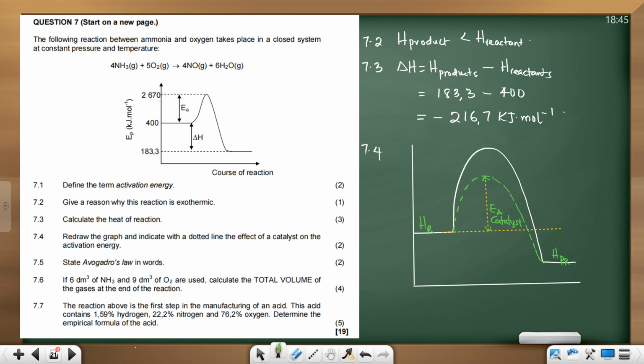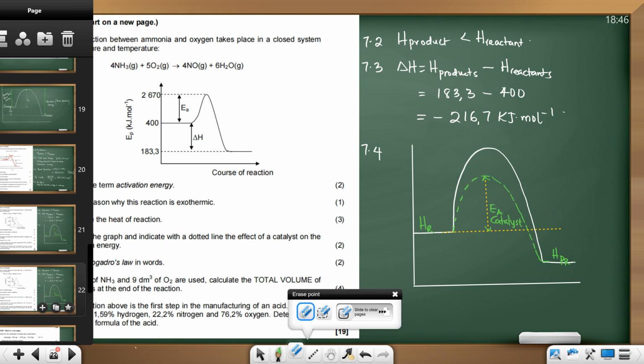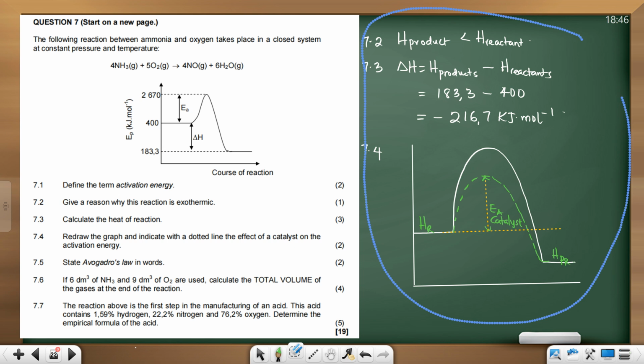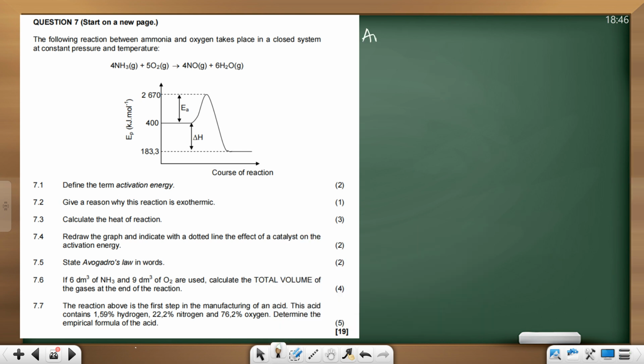Okay. State Avogadro's law in words. Do you remember that? 1 mole of any gas will contain the same what? Volume at the same temperature and pressure. Now we're going into stoichiometry. Avogadro's law, grade 10.